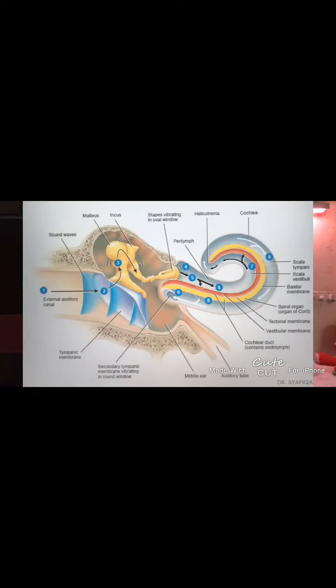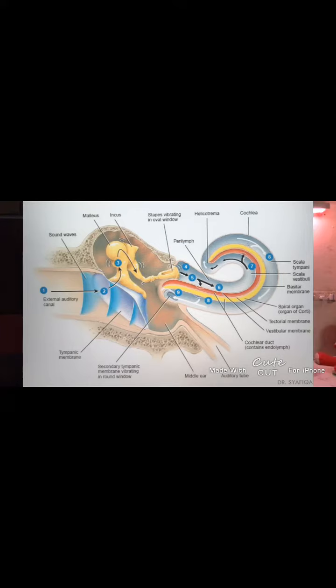Okay, so now let's talk about the physiology of hearing using this picture. First of all, the auricle collects the outside sound wave into the external auditory canal, and the sound wave strikes the eardrum, causing the eardrum to vibrate back and forth.